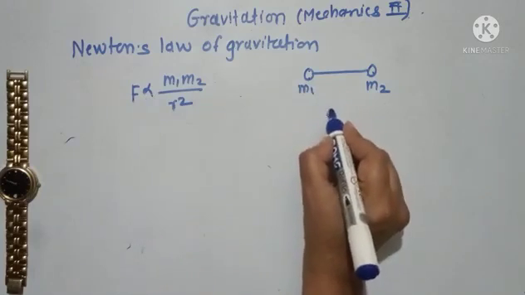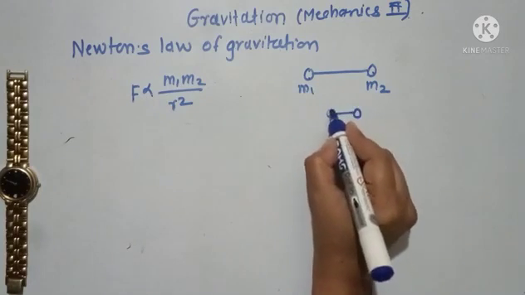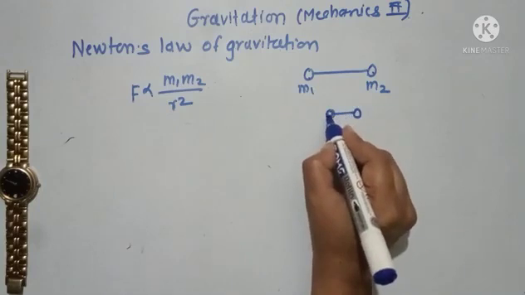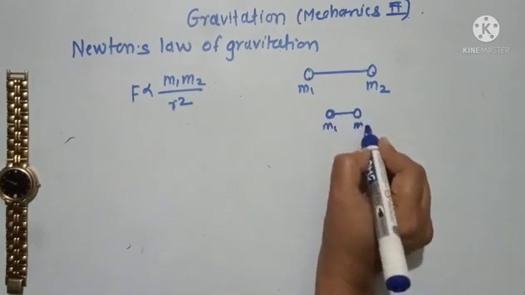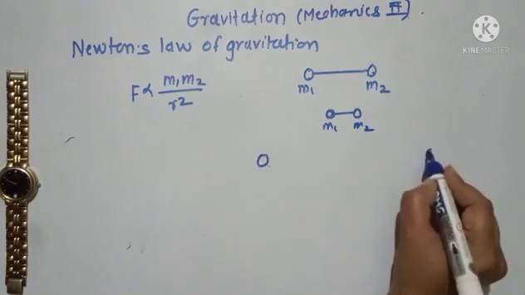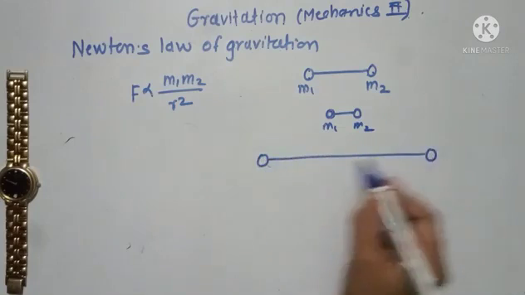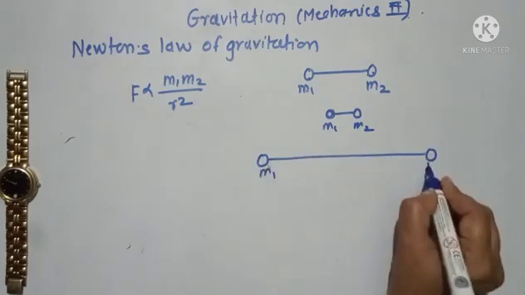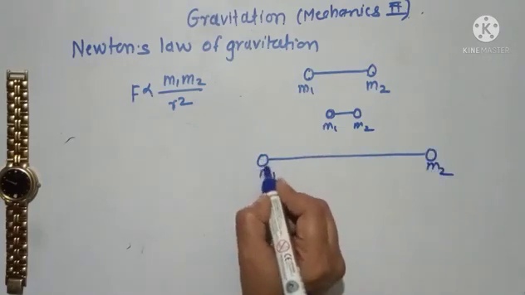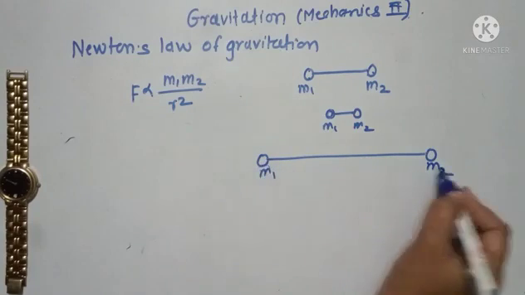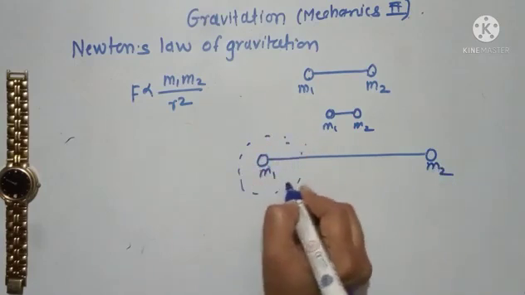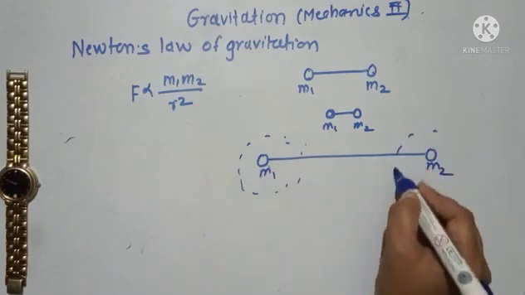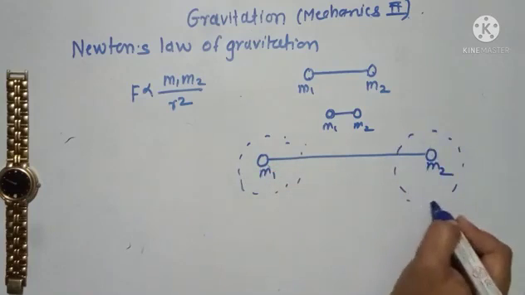Suppose you reduce the distance between the two masses, then it will apply more force on m2. As the distance between m1 and m2 goes on increasing, the force applied by m1 on m2 will go on reducing, because there is only this much amount of force field of this particle and this much amount of force field of that particle.